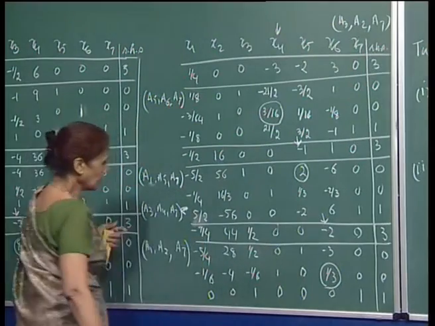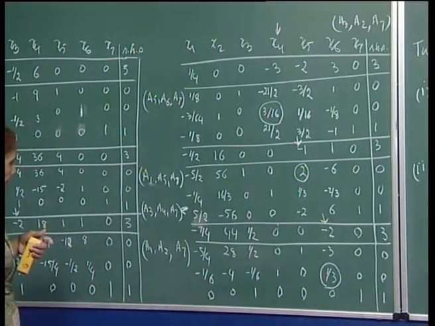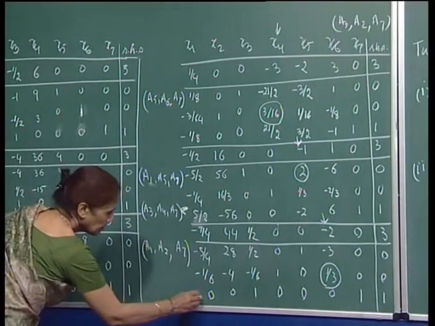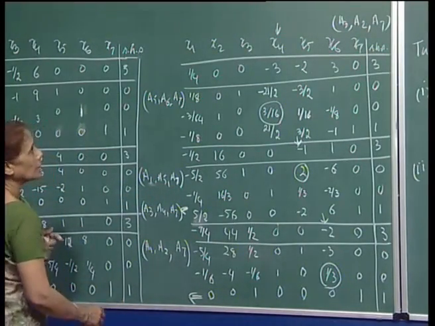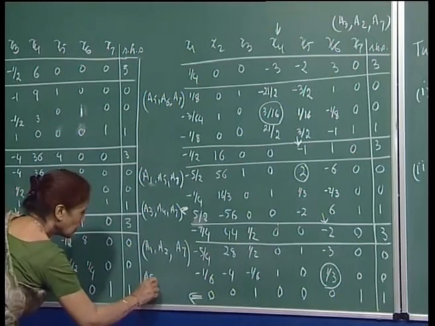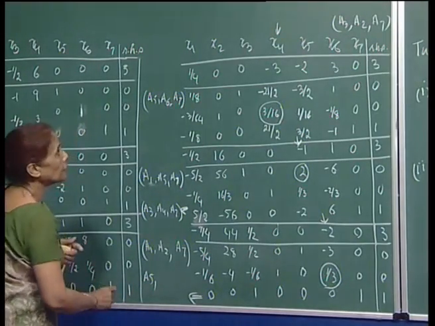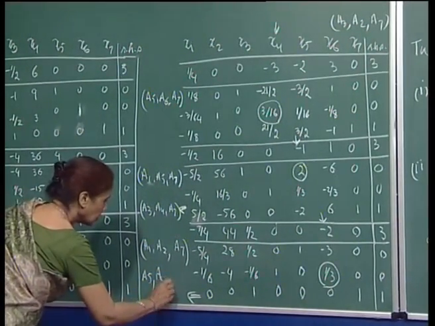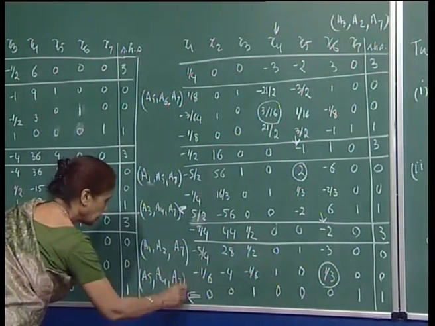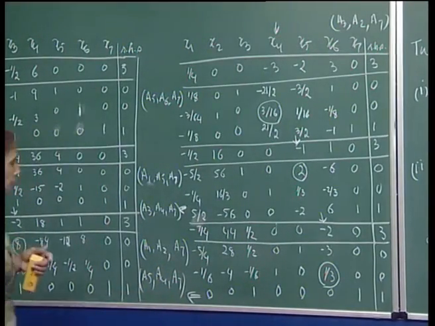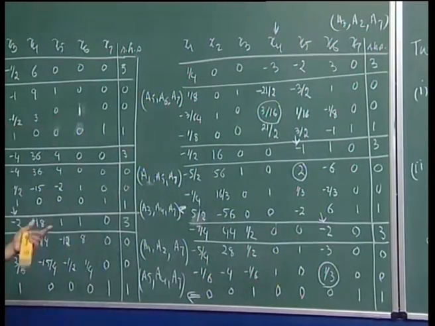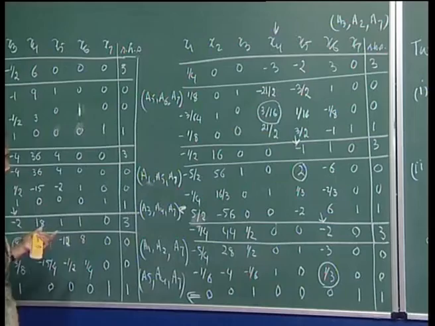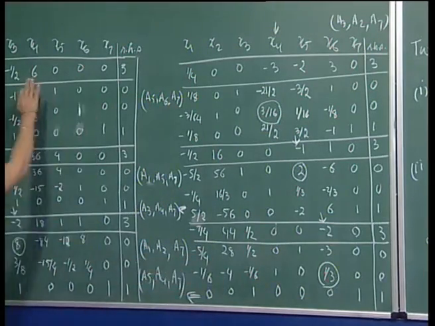So you pivot here, and when you did that, your basis was A5 and A4 and A7. So when you pivot on this one, that means now A6 will again enter the basis. You see that? And from here you will come back to this table.